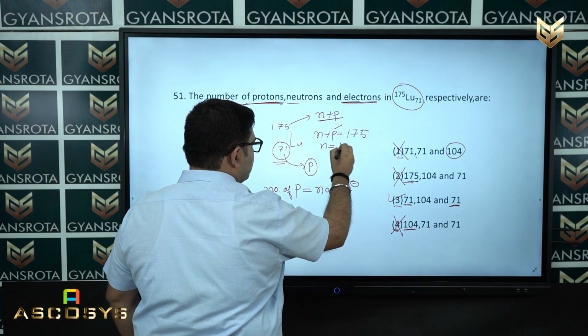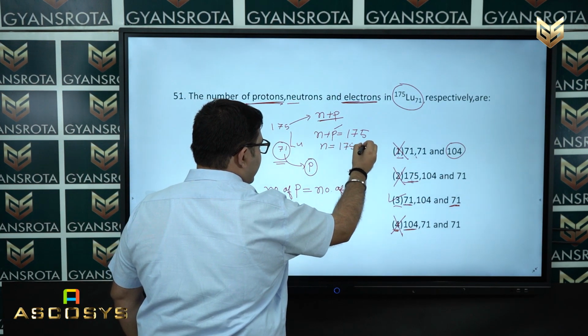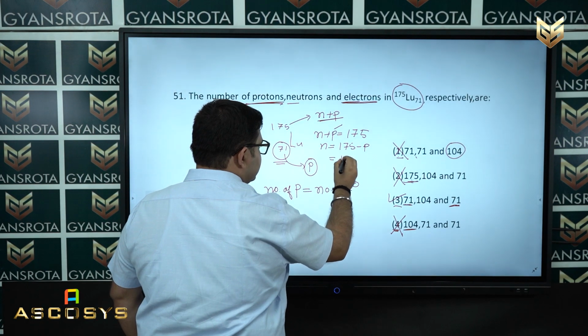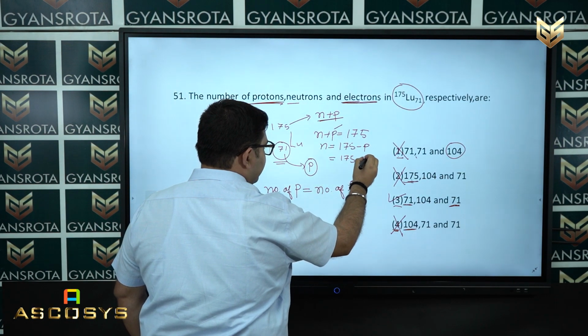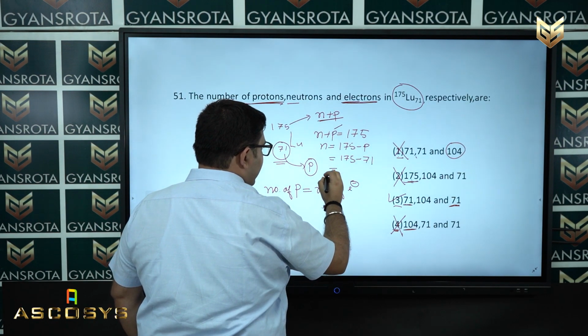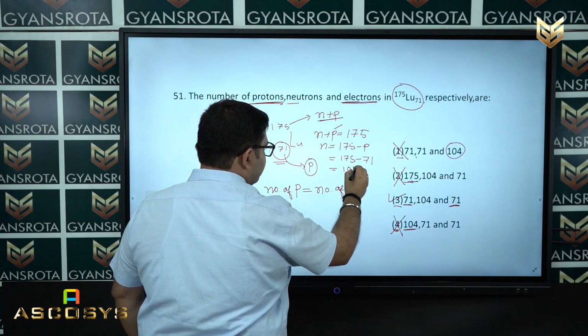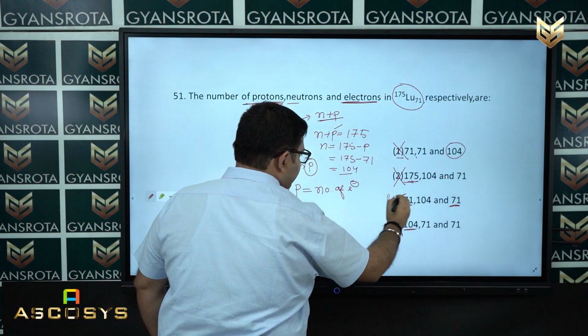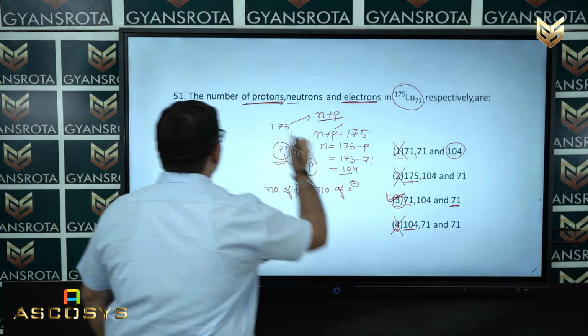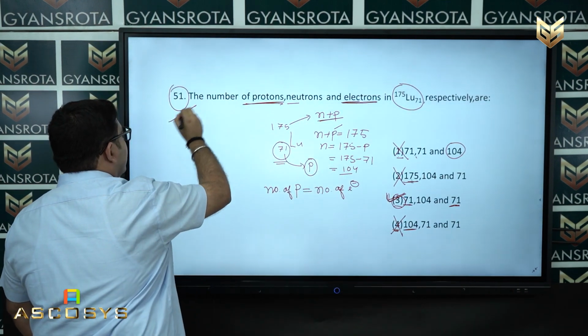So N equals 175 minus 71, it will end up with 104. So option number 3 is the correct answer of your question number 51.